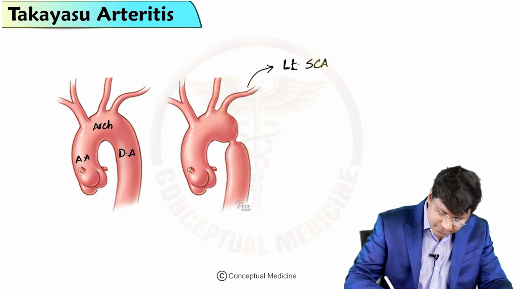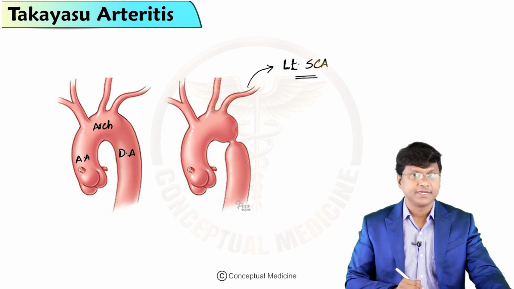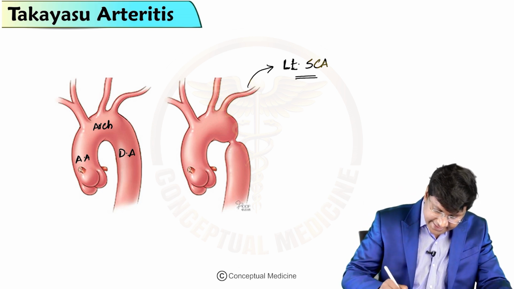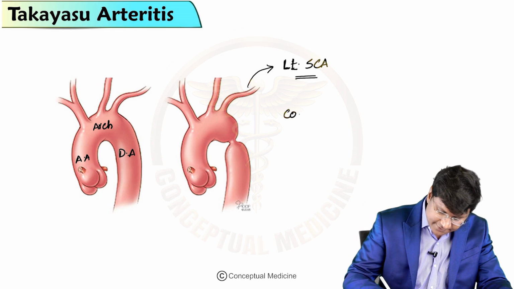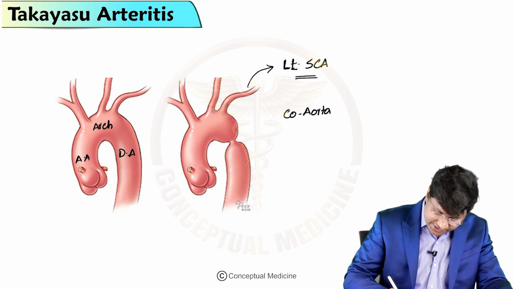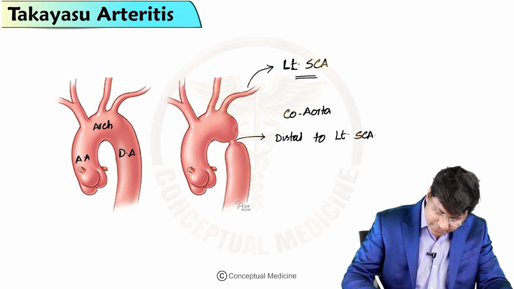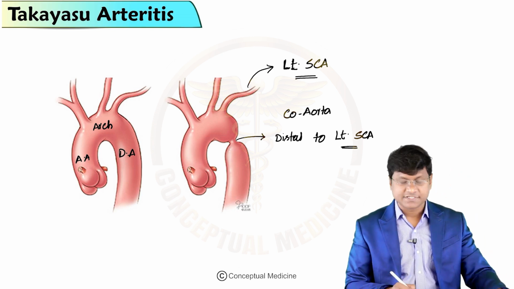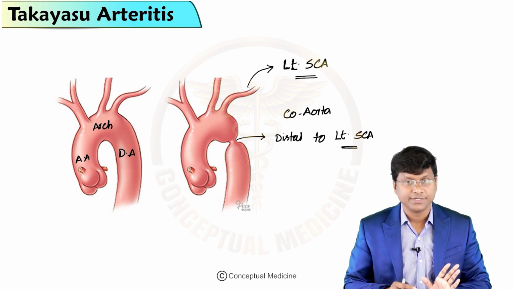In case of coarctation of aorta, the common site for coarctation is distal to the left subclavian artery. Right, distal to the left subclavian artery, you have the narrowing.